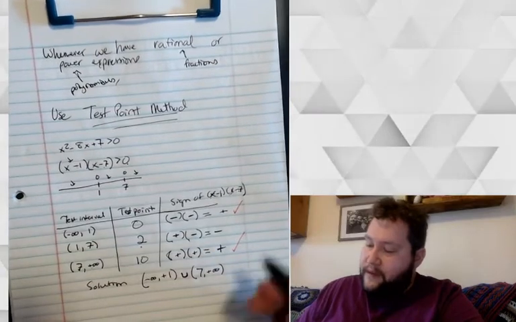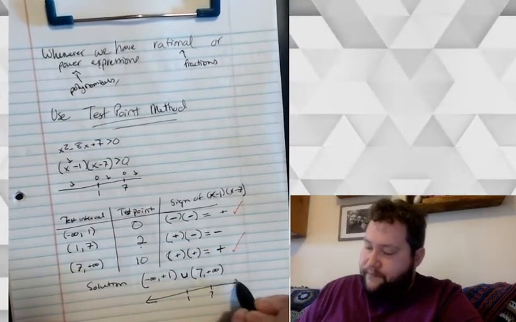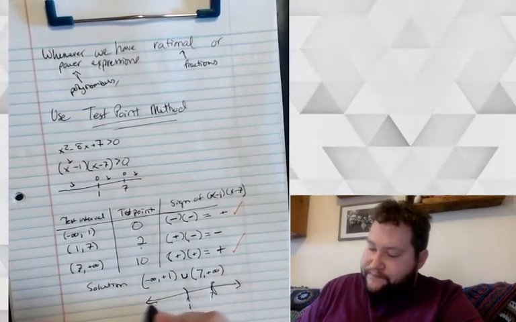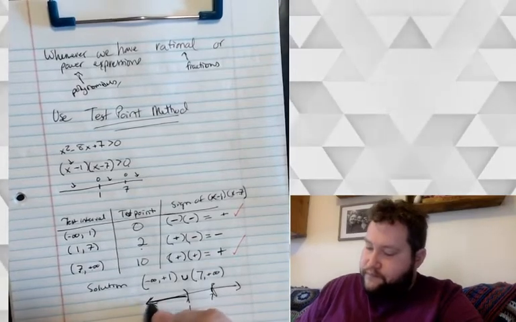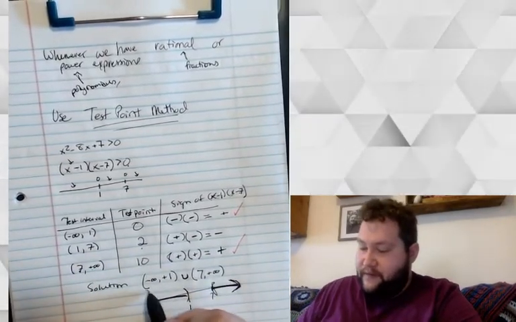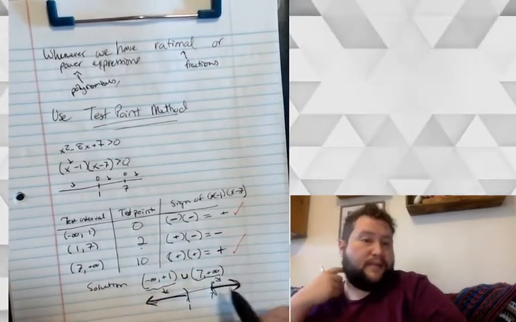On a number line, that'll look like a parenthesis here and a parenthesis here, and then shaded in on the outside, with this interval representing this part and this one representing this part.